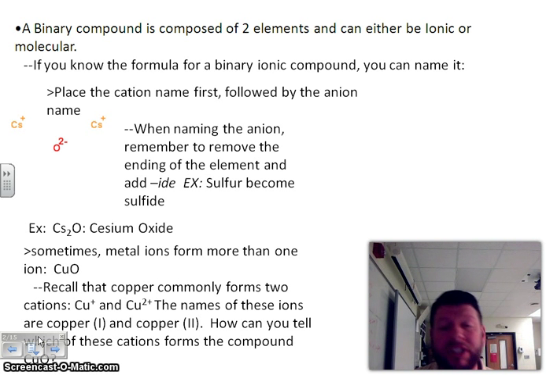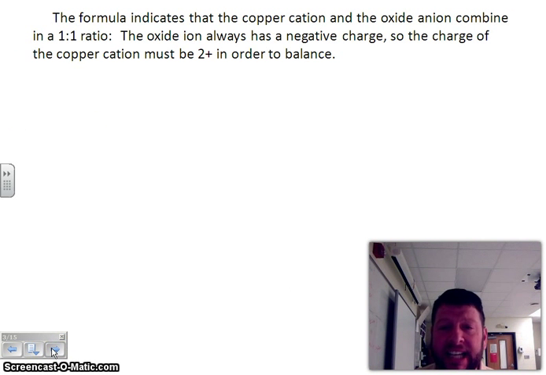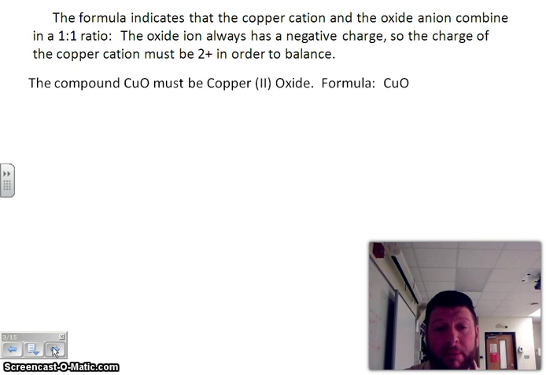How can you tell which of these cations forms the compound CuO? Well, the formula indicates that the copper cation and the oxide anion combine in a 1-to-1 ratio. The oxide ion always has a negative 2 charge, so the charge of the copper cation must be 2 positive in order to balance it. So the compound CuO must be copper(II) oxide.